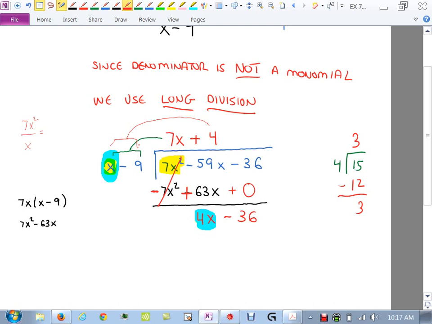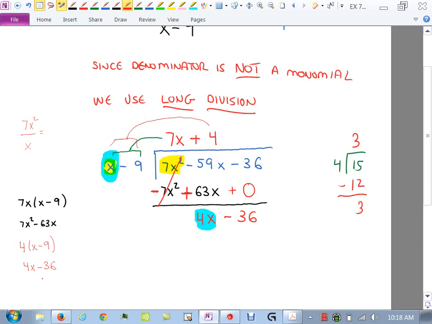Not 4x, because I have the x already, right? So I need to turn x into 4x. I don't need an x, I just need the 4 to make a match. So I'm going to do that on the side over here. I'm doing 4 times the x minus 9. That's 4x minus 36, isn't it?